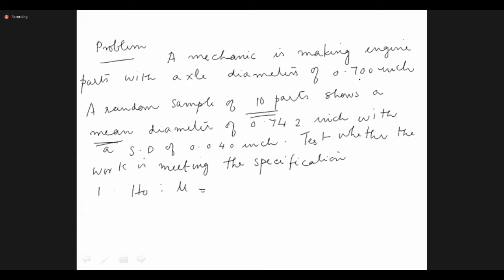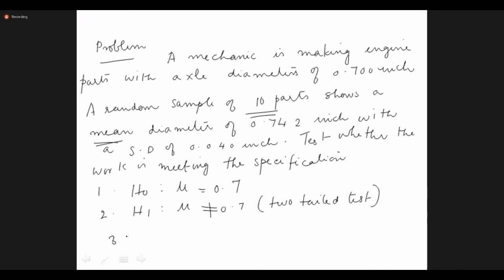The question is whether the work is meeting the specification or not, so H1: mu not equal to 0.7. It is a two-tailed test.